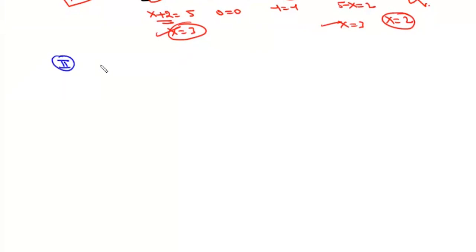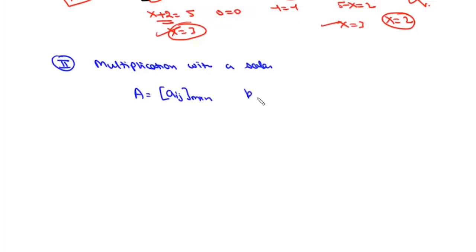Now second is multiplication with a scalar. If we have any matrix A, which is Aij, m cross n, and we multiply this A with any scalar number k, then it is expressed as k into Aij, m cross n, which means this number will be simply multiplied to all the entries in the matrix.